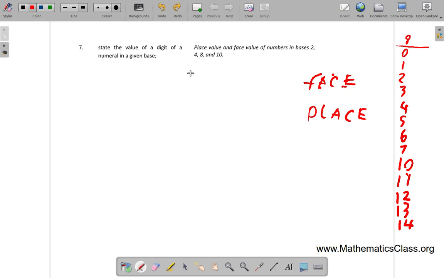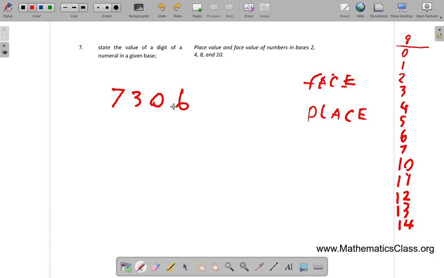Alright, now an example of a base 8 number could be 7, 3, 0, 6. Base 8 number there. Now, the face value is basically the value of the digit when you look at its face.